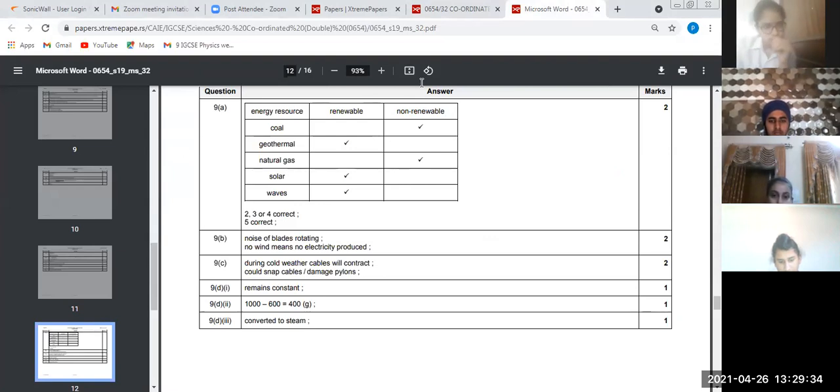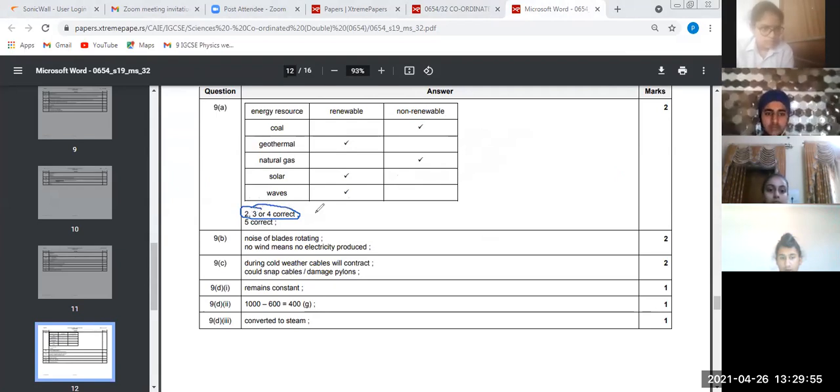Very important. अगर 1 सही हुआ तो नंबर मिलेगा ही नहीं. Fine. Out of 5, if 1 is correct, 0 mark. No mark will be awarded. If 2 are correct, 3 are correct, 4 are correct, you will get 1 mark. If all the 5 are correct, you will get 2 marks.